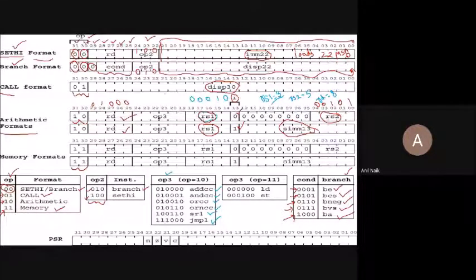Then comes the memory related instruction. In the memory format, the 30th and 31st bit positions are 1 1. If these two bits are 1 1, that indicates it is a memory related instruction. And what are the memory related instructions?